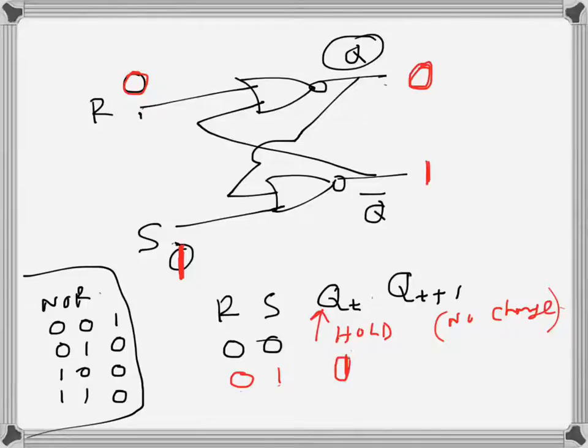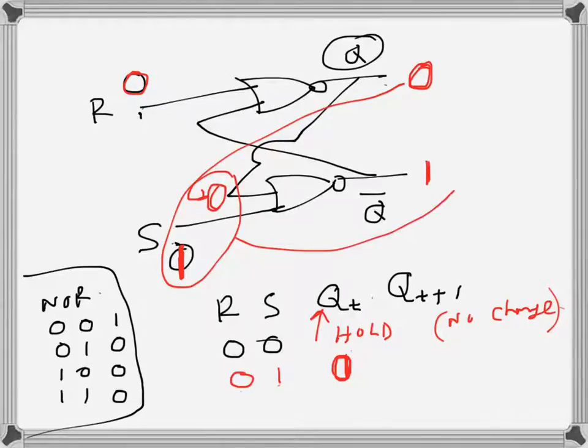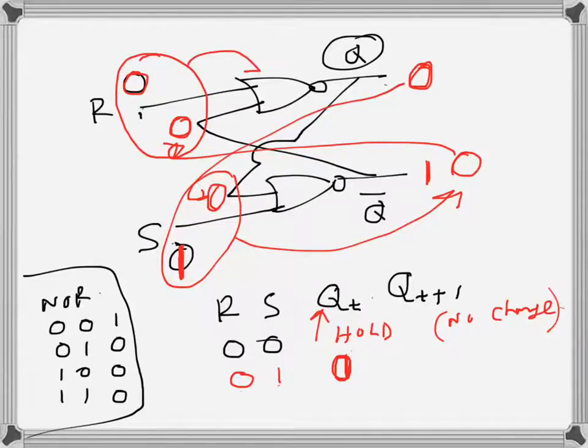So this is now 0. Let's see what happens. Now this one is 0, this 0 will be here again 0, and 0 1 is giving 0, so now it has changed, and this 0 will appear here as 0. So both inputs are 0 in this NOR gate, and 0 0 will give a 1 here. So we see that this Q has changed already, but this is still not over.